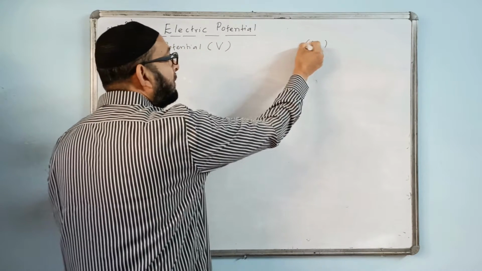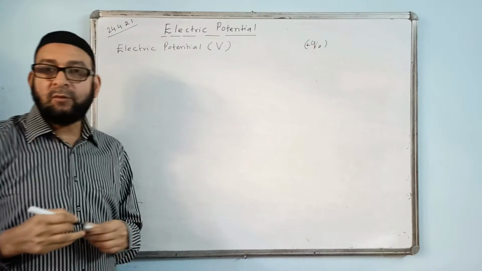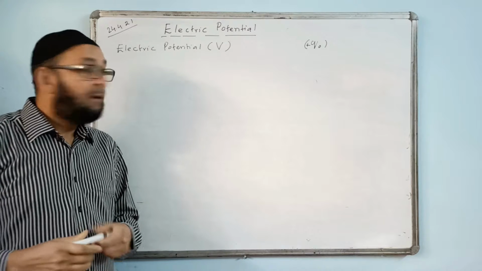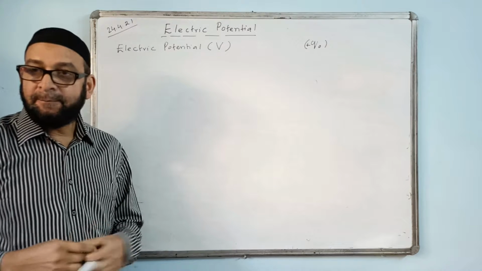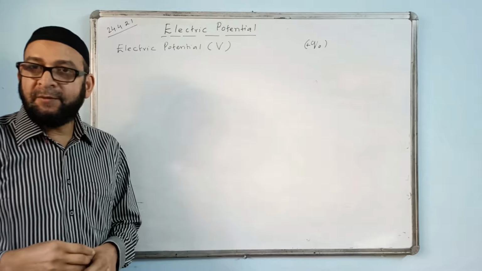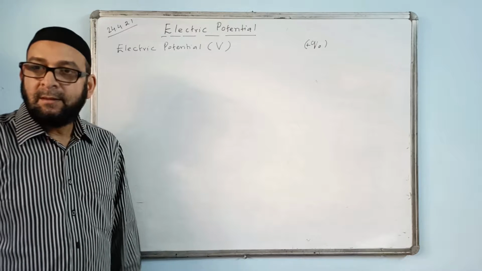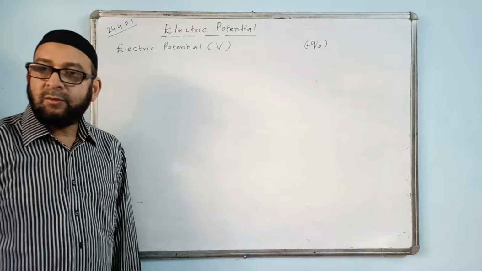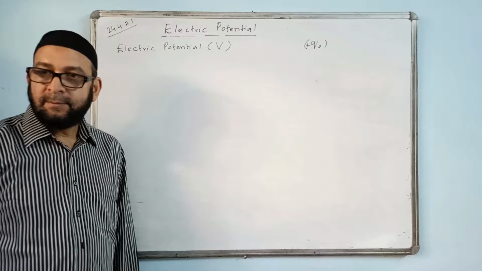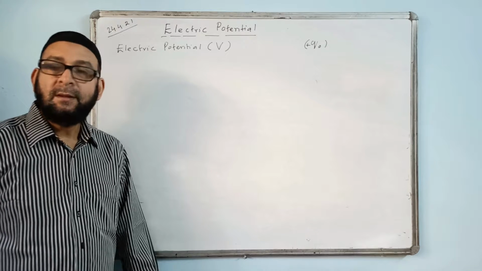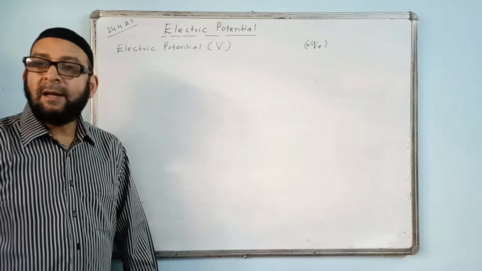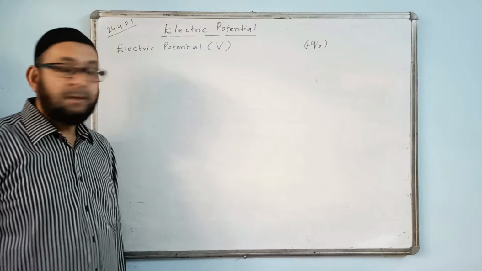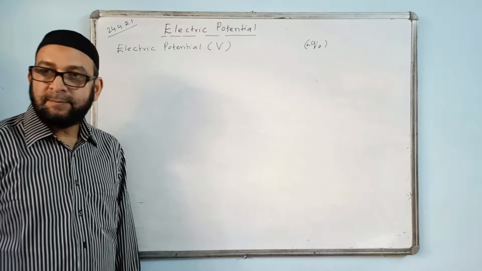Q naught is always plus and the value of Q naught is 1 coulomb, unit charge, from infinity to a point in an electric field region.